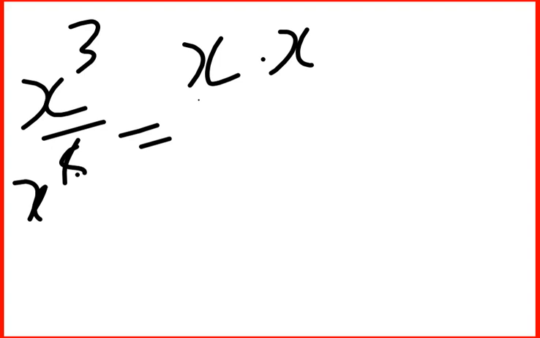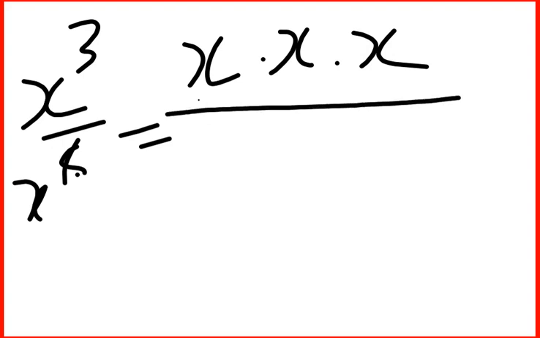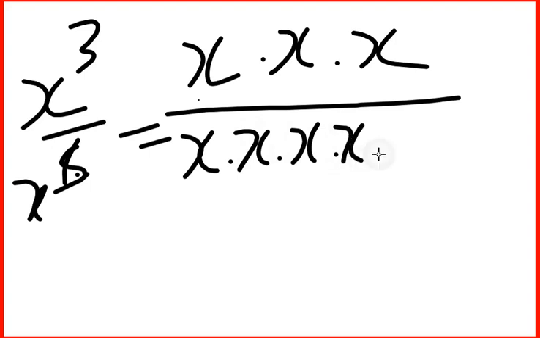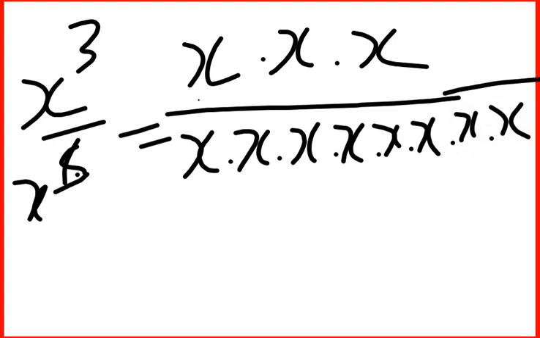So x times x times x divided by how many x's on the bottom? 8 x's. So x times x times x times x times x times x times x times x. So we have that, right? 2, 4, 6, 8.